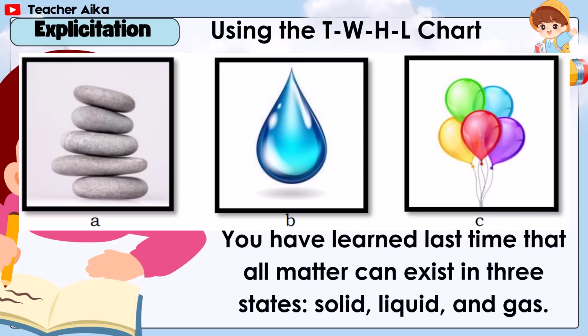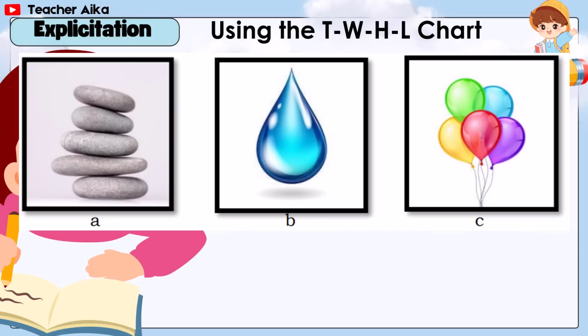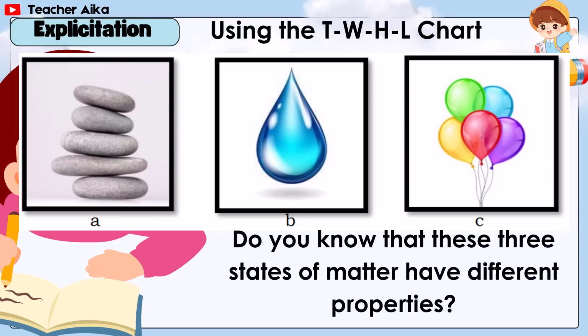You have learned last time that all matter can exist in 3 states, namely solid, liquid, and gas. Do you know that these 3 states of matter have different properties?